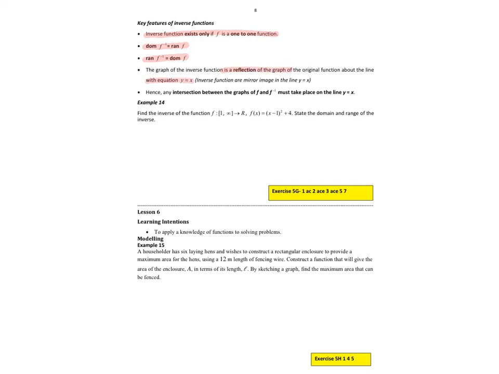Okay? So what that means is that if you go back to look at the original graph that we drew earlier, one of the lines was like that, the other line was a bit like that, and if I was to draw the line y equals x, which is there, we're saying that they're a mirror image of each other.